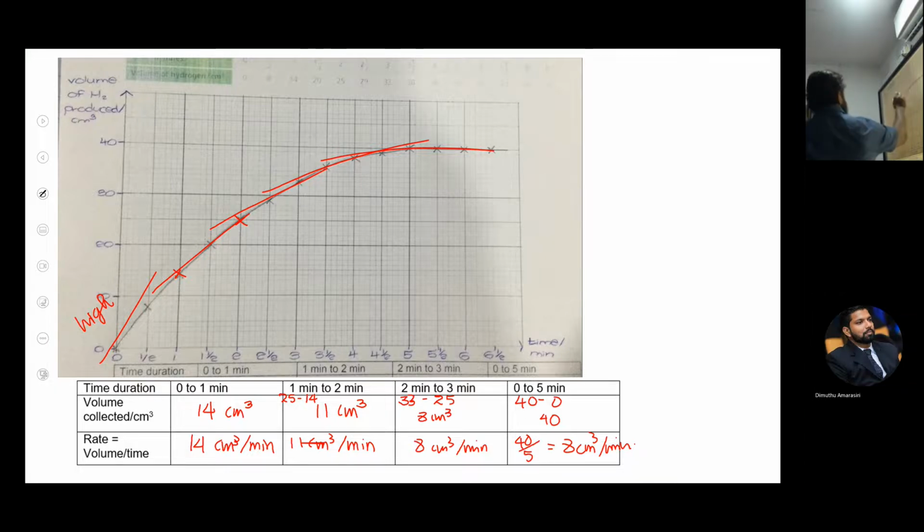And once the tangent gives gradient 0, that means there is no rate, no change, no reaction. The reaction has stopped. It has completely happened. Probably the limiting reagent is over.